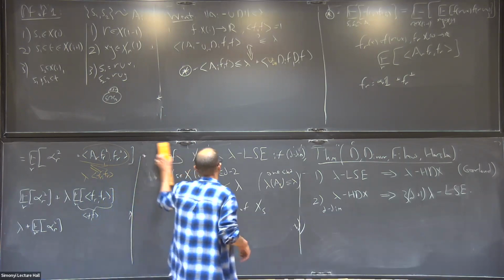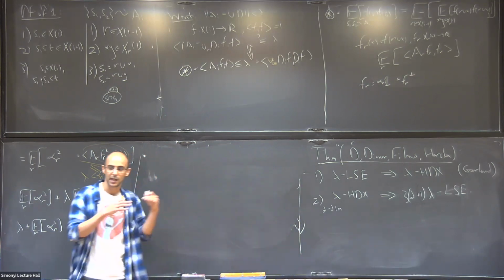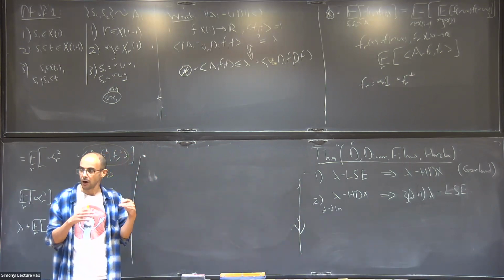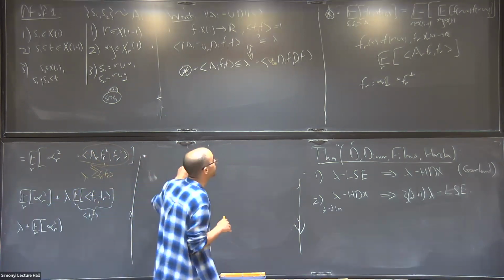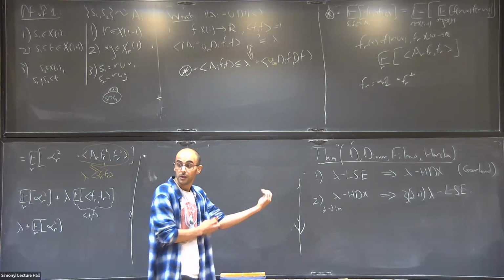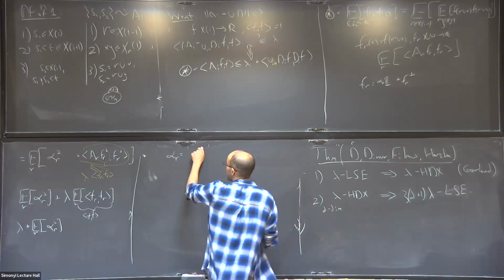Okay. What is this alpha R, right? It's the projection of FR to the constant functions inside R, like I wrote up there. So what is this projection supposed to be? This is just taking expectation.